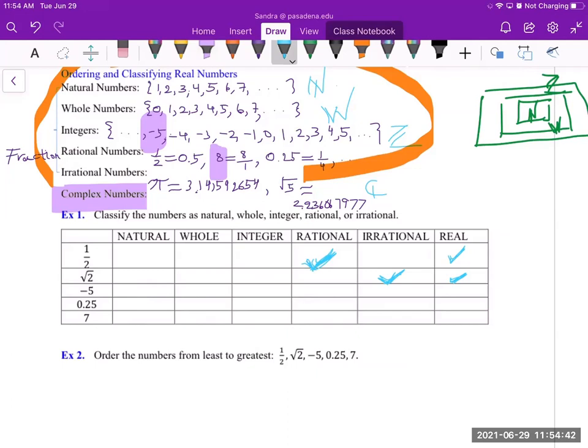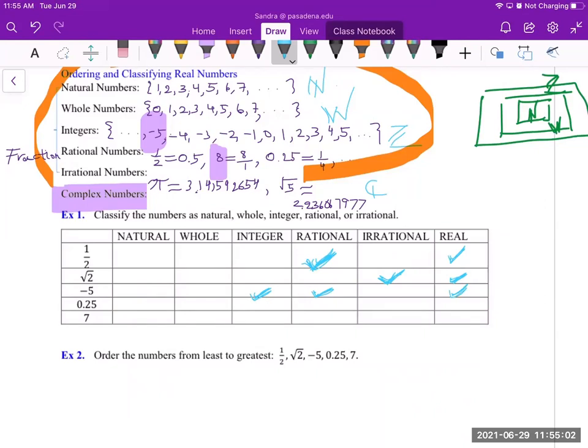So that would be an integer. That's also going to be considered a rational number because I can write it down as a fraction. And then it's also a real number.